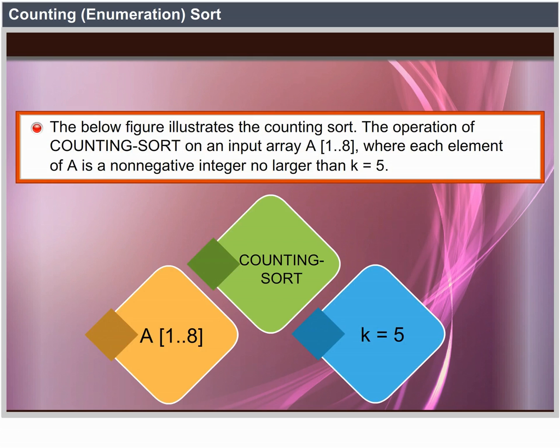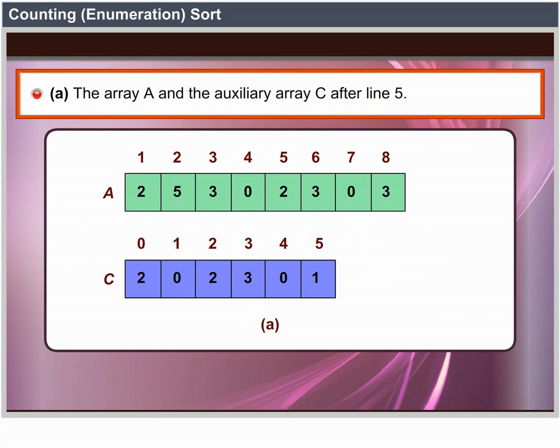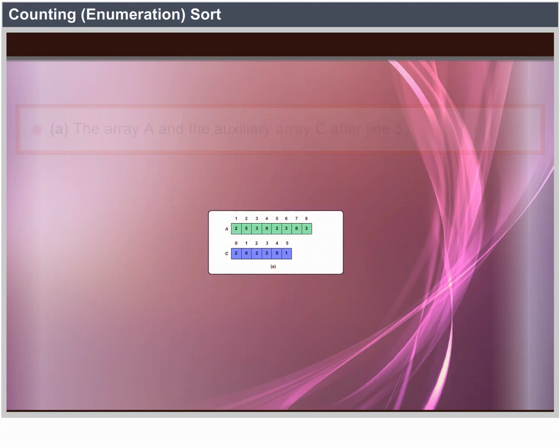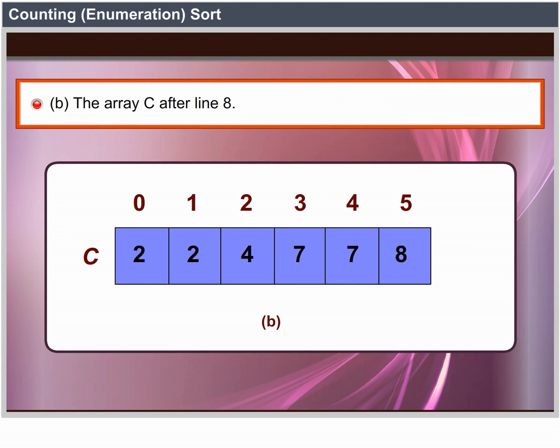The operation of counting sort on an input array A[1..8], where each element of A is a non-negative integer no larger than k equals 5. Figure A shows the array A and the auxiliary array C after line 5. Figure B shows the array C after line 8.